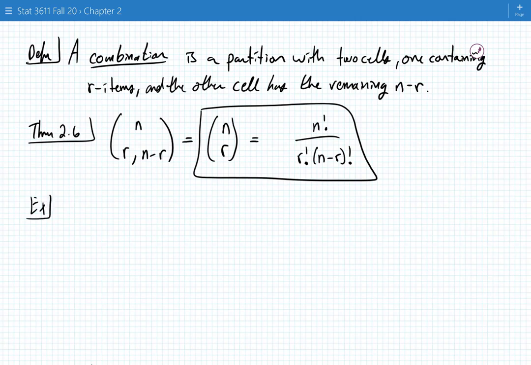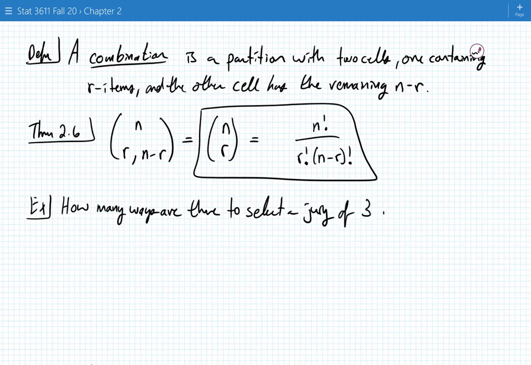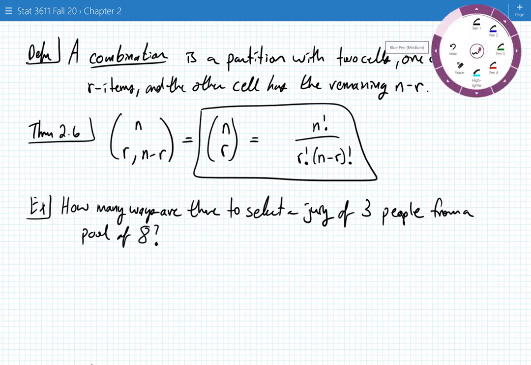So, partition into two cells. Here's a quick example. How many ways are there to select a jury of 3 people from a pool of 8?